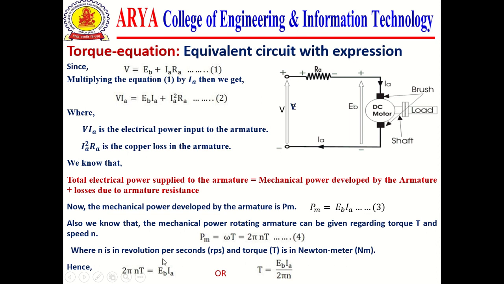So equating both expressions for Pm, 2 pi N T equals Eb Ia, or the developed torque T equals Eb Ia upon 2 pi N. So this is the required torque equation in DC motors.